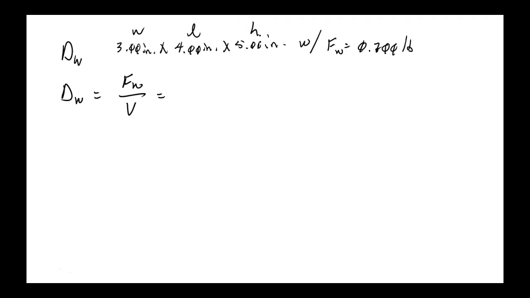So you just multiply the 3 together. What would that be? 5 times 4 is 20 times 3 is, so that'd be 60 cubic inches. Okay, divided, and that's divided into 0.700 pounds. Okay, now this will give you an answer.